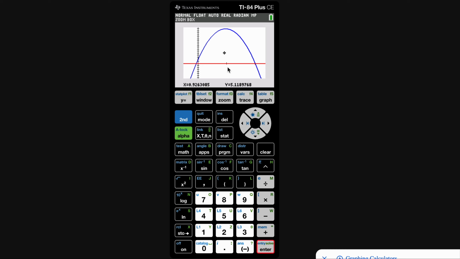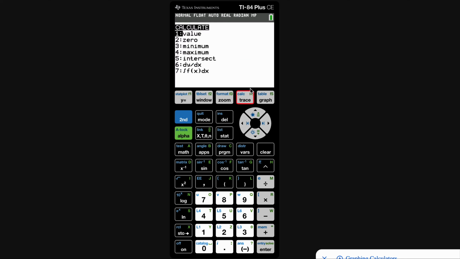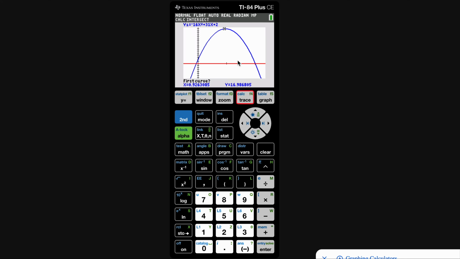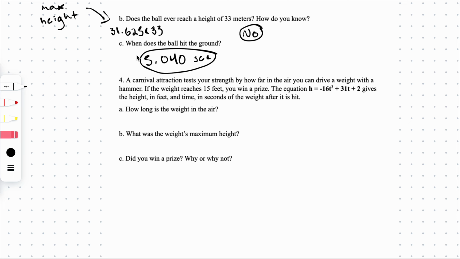So we're going to find the other 0. Or you know what, let's just do intersect just to try this out. Basically here, and we get our other 0 is 2, 0. So the weight is in the air for 2 seconds.